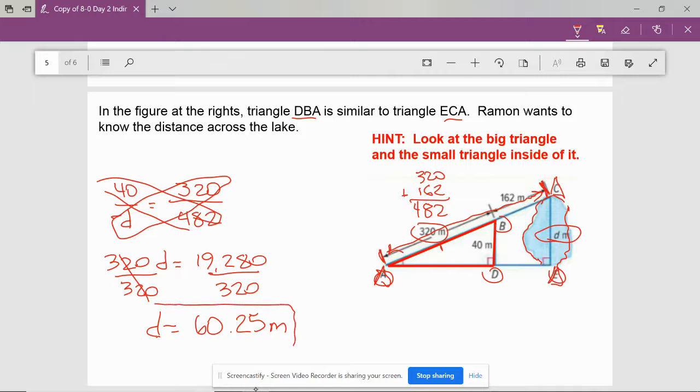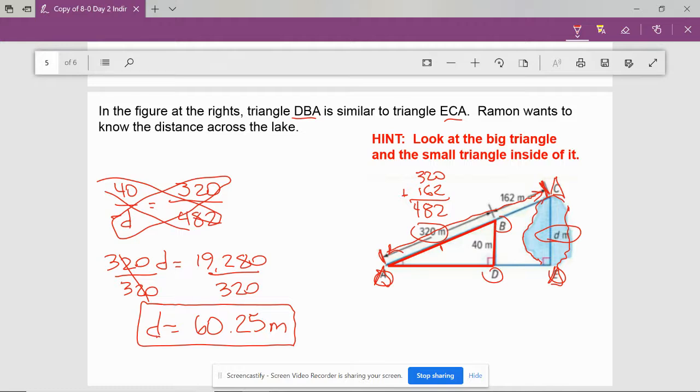So the distance across the lake is 60.25 meters. So hopefully that's not too difficult. You just got to look at the picture, give yourselves time to figure it out. Don't be in a rush, and just work through the proportions.